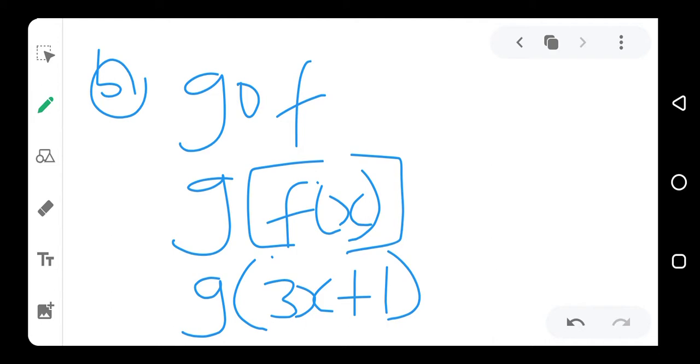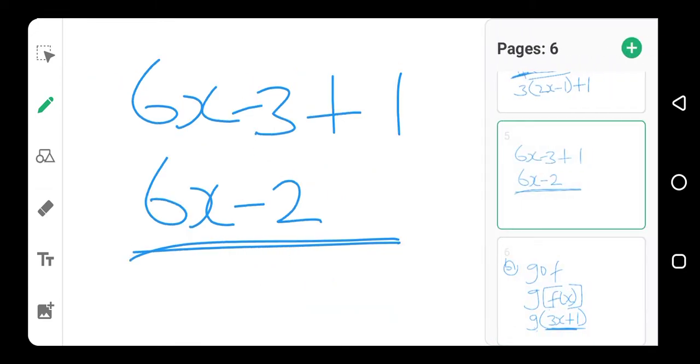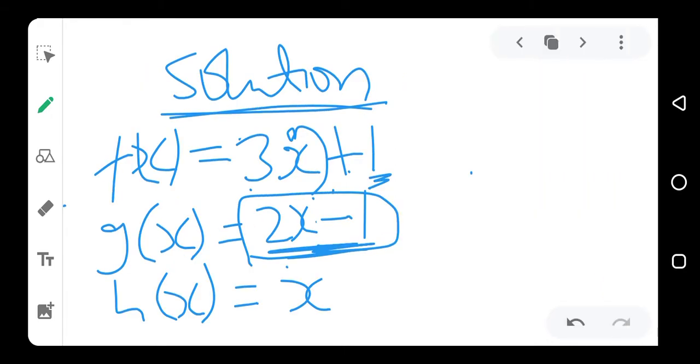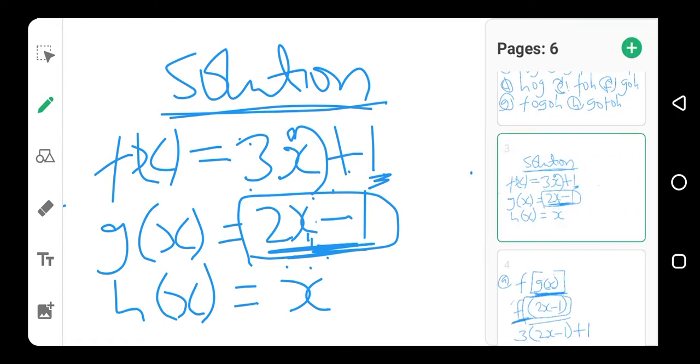Now we find the function g by replacing every x in g by this expression. For g, each value of x, which is 2x minus 1, we use the expression for f of x to replace it.